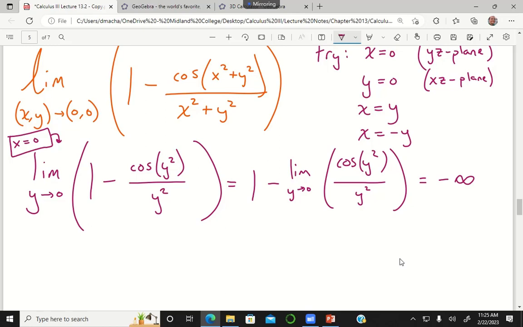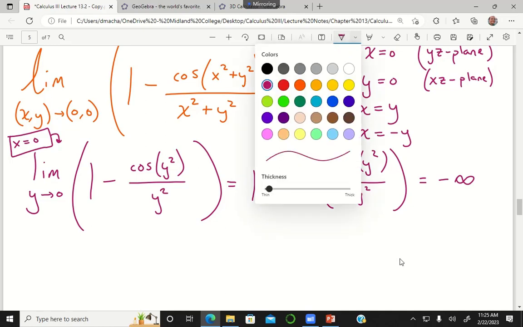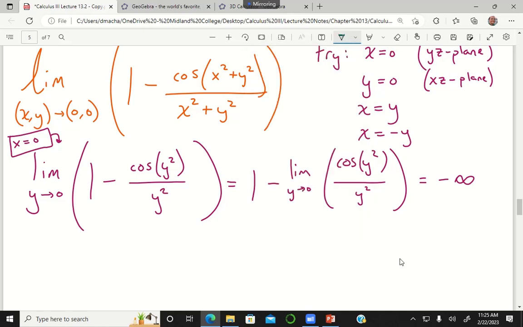Okay. But that was only in the trace of the plane x equals 0. And so that only gives me a piece of the picture, right? It might be different if we try y equals 0. Maybe it'll be the same. Maybe it'll be different. We don't know. And I can actually tell you ahead of time that this is going to end up the same, because this is symmetric with respect to x and y, right?